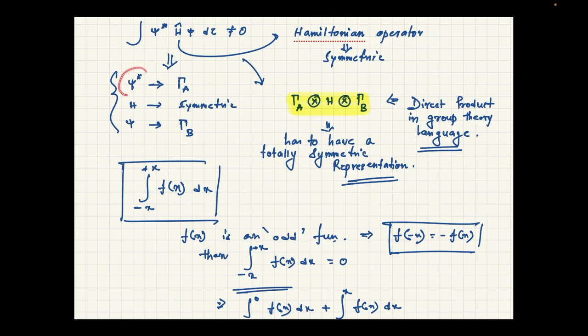Let's say psi star is a basis for gamma A irreducible representation, psi is a basis for gamma B irreducible representation. So the total integration will be equal to the direct product of gamma A, H and gamma B. H is symmetric. Now gamma A direct product gamma B has to have some totally symmetric representation, and that is only possible when gamma A and gamma B are from the same irreducible representation, okay?